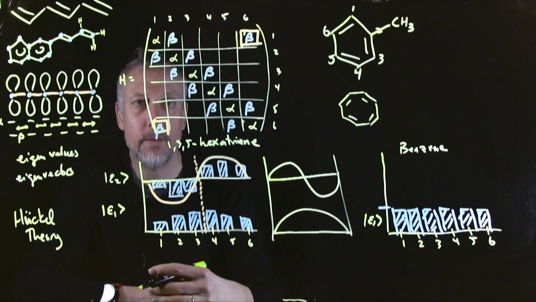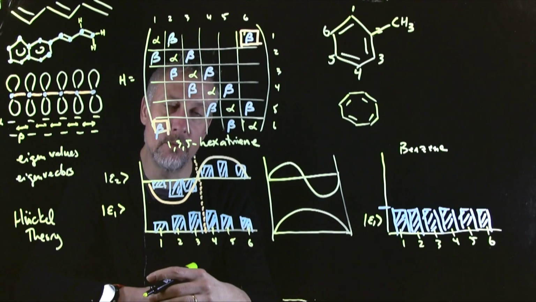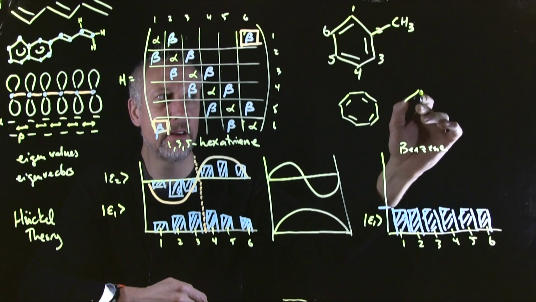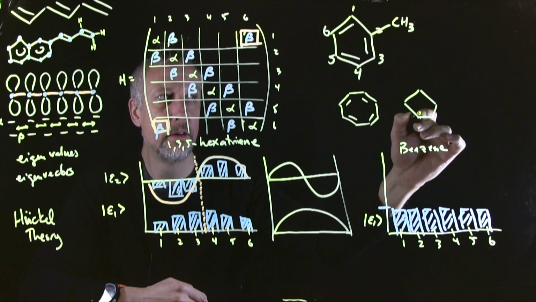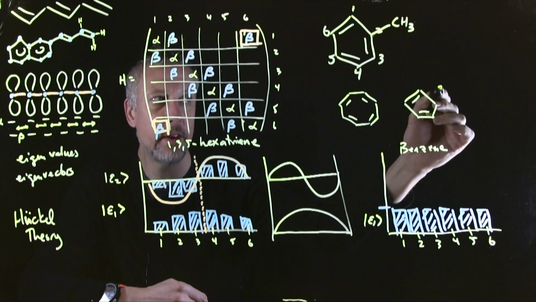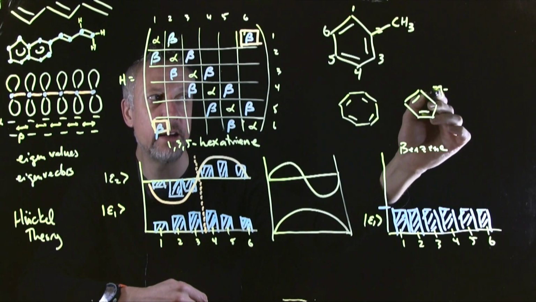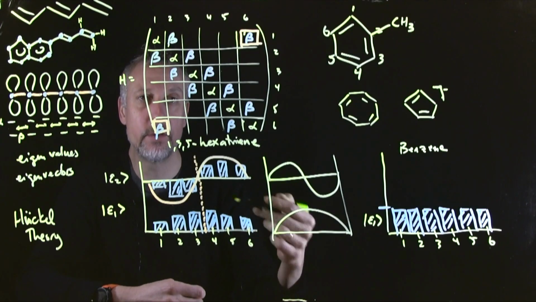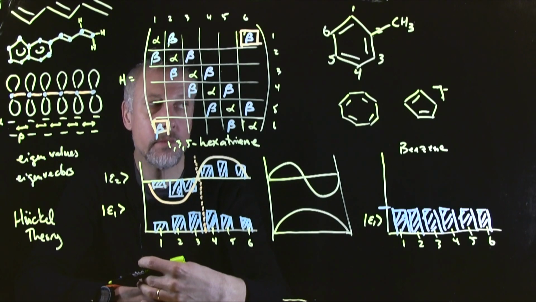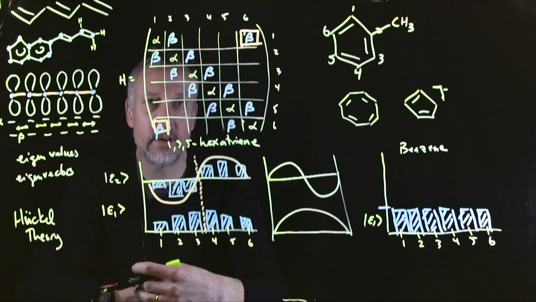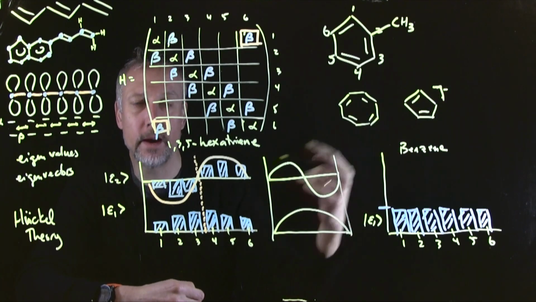So you can have aromaticity, anti-aromaticity. You can treat things like cyclopentadienyl ligands. The way this works is this thing has a formal charge of minus, so all I have to do is add another electron. Okay, that makes it aromatic, whereas if you don't have the extra electron, it's not.